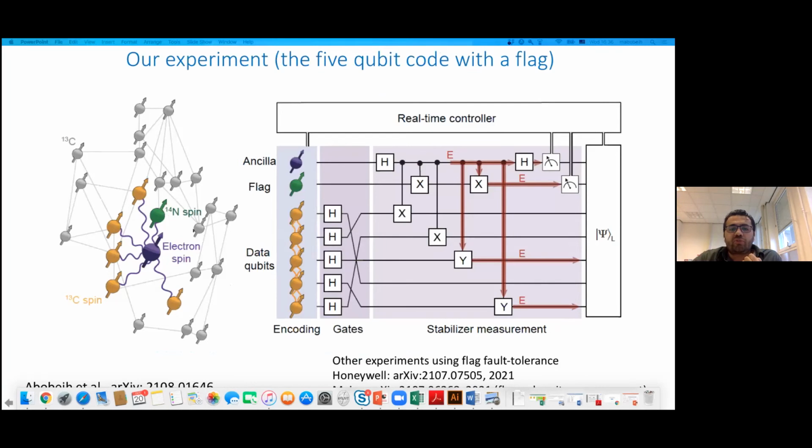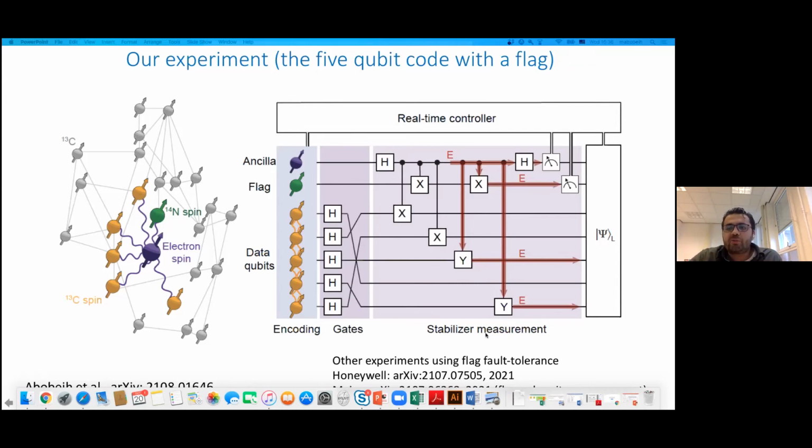We then demonstrate fault-tolerant encoding, gate operations, and stabilizer measurements. We did not show yet a full cycle of quantum error correction, which would require repeating this stabilizer many more times.